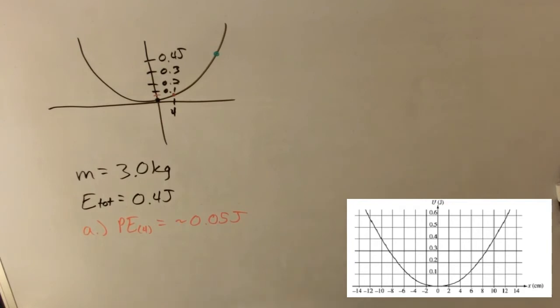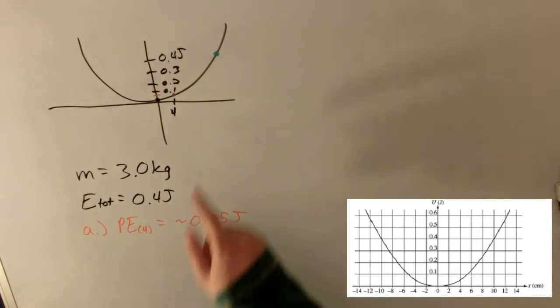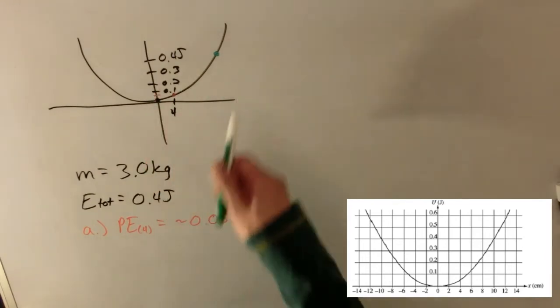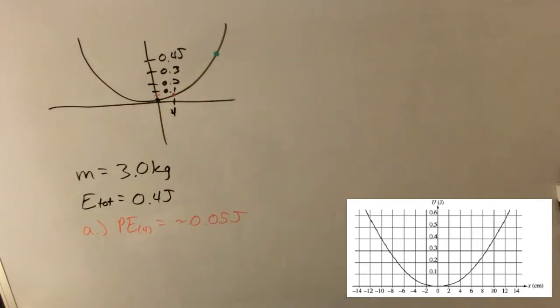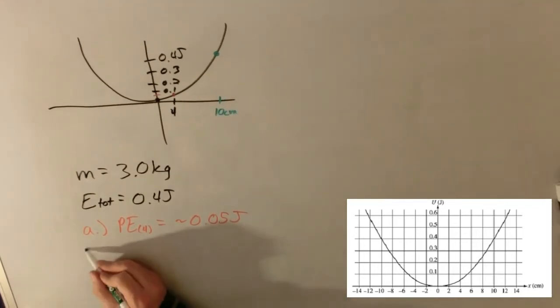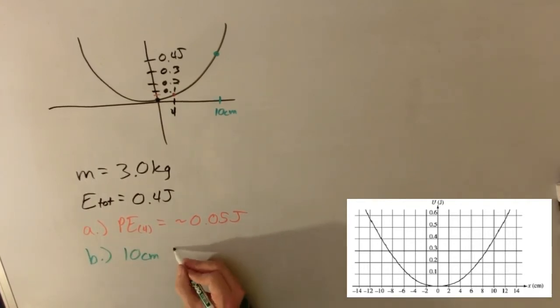When it gets up that high, all of its energy is in potential energy, so it's got none left for kinetic energy to actually move, and so it's going to come back. This is what gives us our simple harmonic motion. It continues moving back and forth. The furthest it can get is based on its total energy. 0.4 joules, if I look on the graph where that corresponds, comes up to about 10 centimeters. So for B, we end up with 10 centimeters is the farthest it gets.